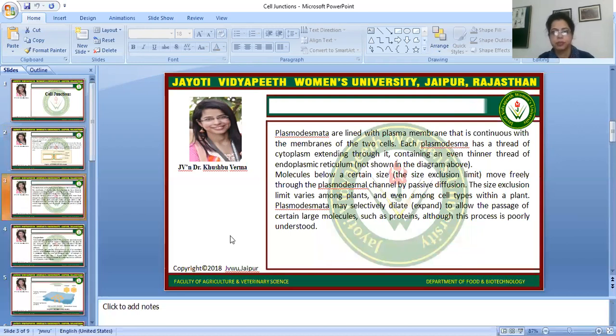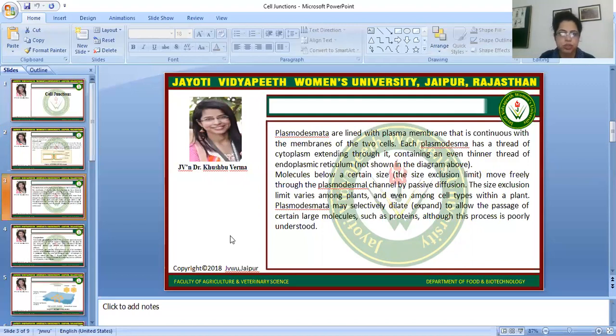Plasmodesmata are lined with plasma membrane that is continuous with the membrane of the two cells. Each plasmodesma has a thread of cytoplasm extending through it, containing an even thinner thread of endoplasmic reticulum. Molecules below a certain size, the size exclusion limit, move freely through the plasmodesmal channel by passive diffusion only.